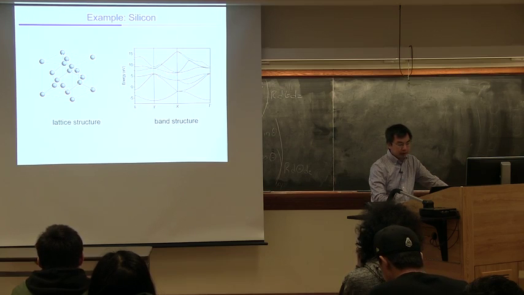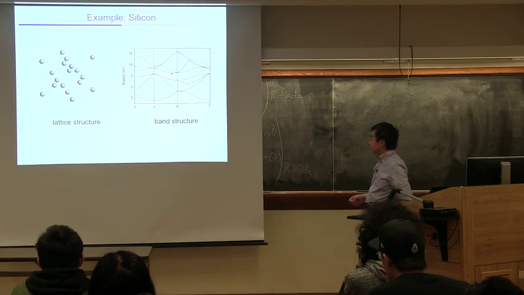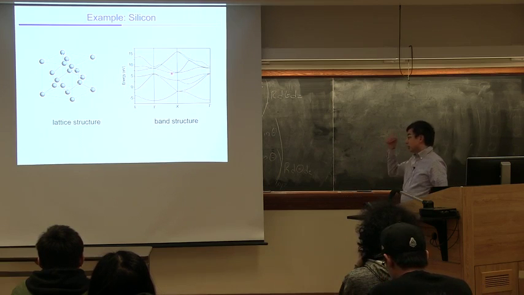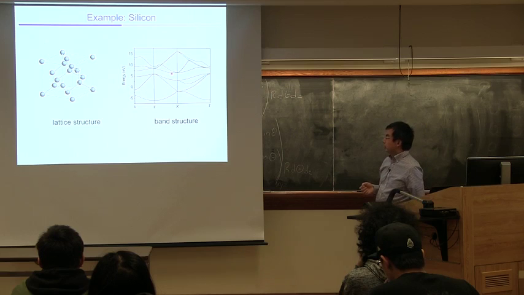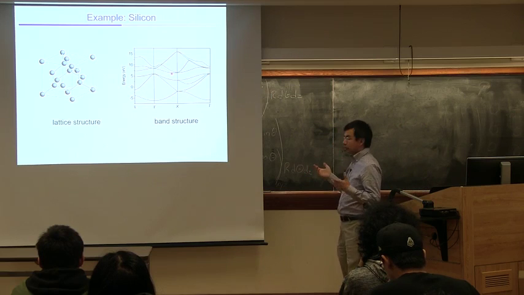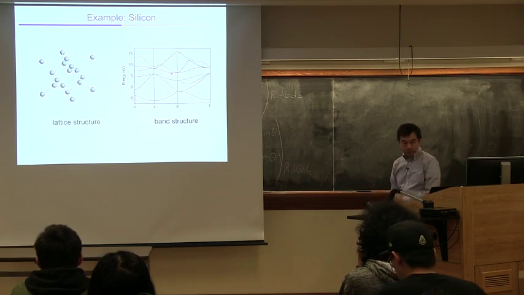So they are not at the same wave vector. And the band gap is about 1.1 eV. That's why silicon is a good solar material. 1.1 eV can harvest the majority of the solar photon energy band.